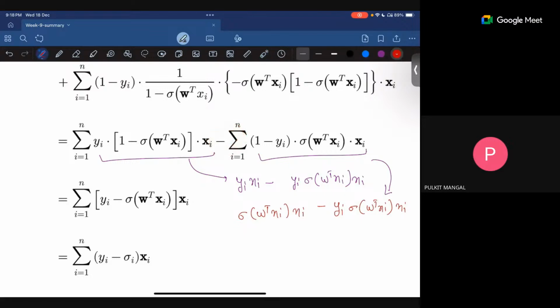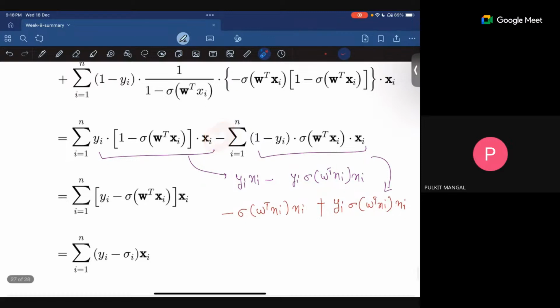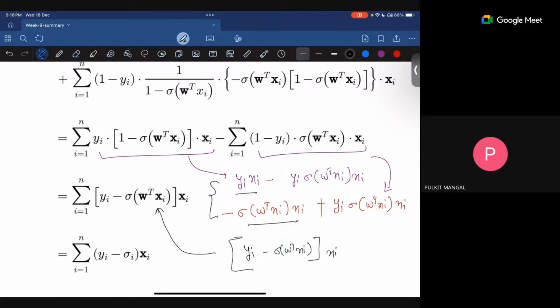There's one more negative sign, so this negative will become positive. So you can cancel out these two also. This is the term that you will be left with. You can take xi common from here, and what you will be left with is yi minus sigma W transpose xi, and that is what is written here.